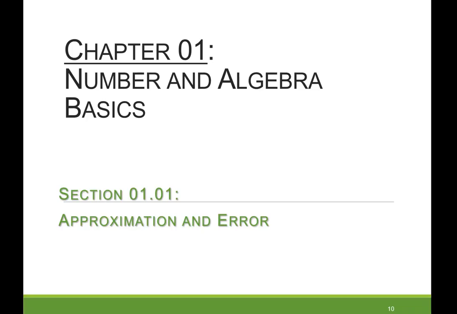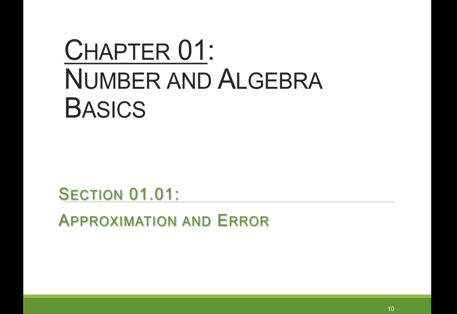Whenever you present a rounded answer, though, there's some error taking place, right? So if I say that my rounded answer is 10, that answer could have been as small as 9.5, right?